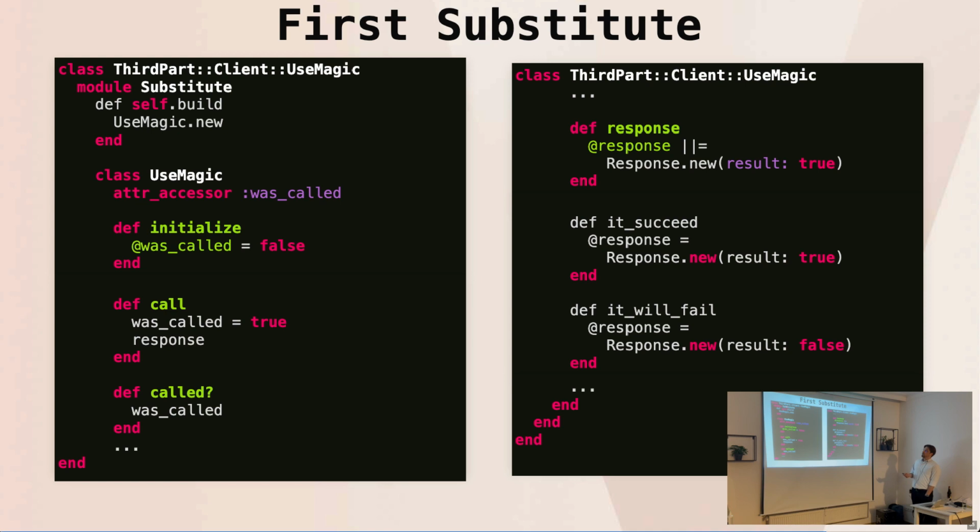So we still have our call method, but we want some telemetry. We want to know, was our substitute ever called? So if our instance received the call method, then it saves was called and sets it to true.